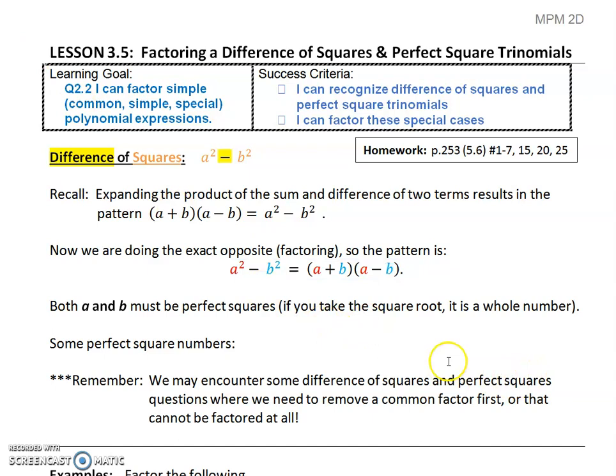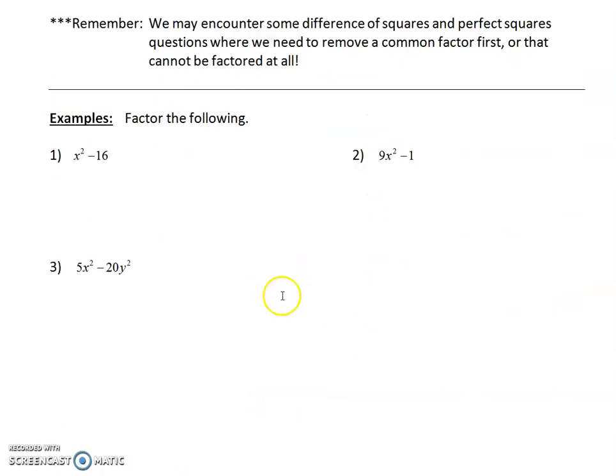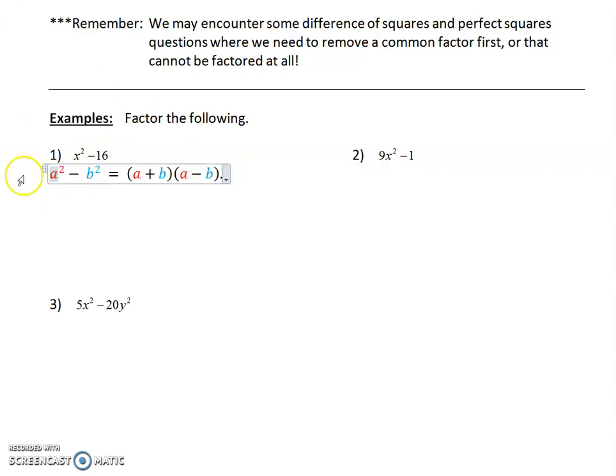All right, let's take a look at some questions, and you'll kind of get it as we go. This is a difference of squares, and so is this. You can see that there's a minus in between, and on either side of the minus are square rootable terms. So it looks very similar to the formula, especially if I line it up.